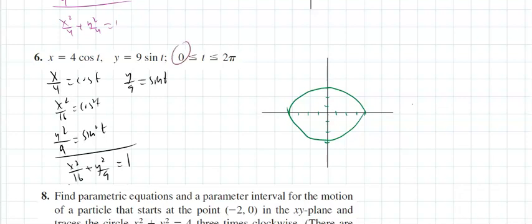I start with t equals 0. Cosine is 1, that's 4, 0. I'm starting right there. At pi over 2, I am at 0, 9. Oh, something's not right. What's not? Oh, I messed up.